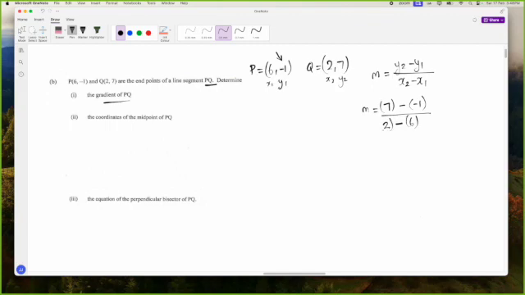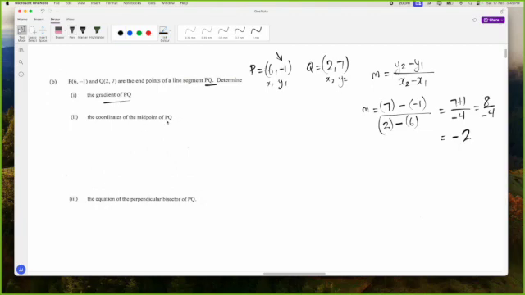Use your brackets. So I have 7 plus 1, which is 8. I have 2 minus 6, which is minus 4. So I'll have 8 divided by minus 4. So we have minus 2 is the gradient of the line PQ.